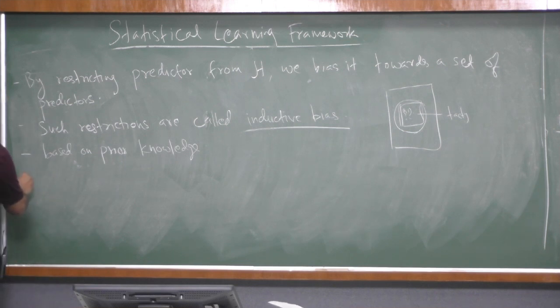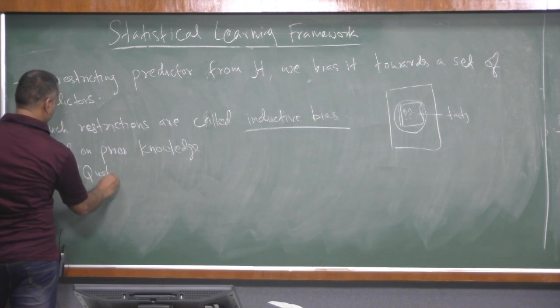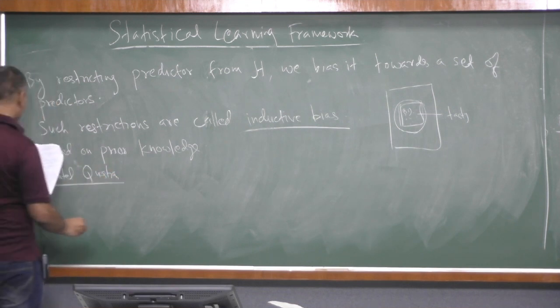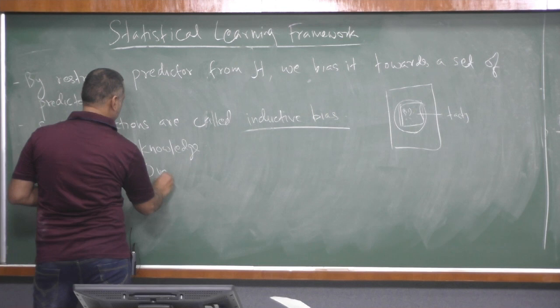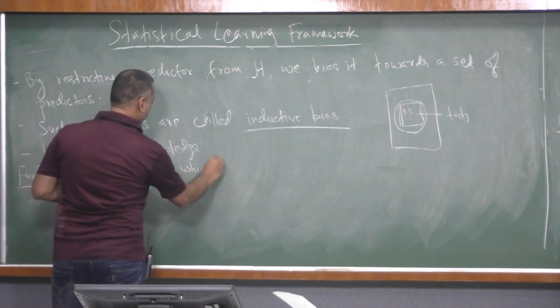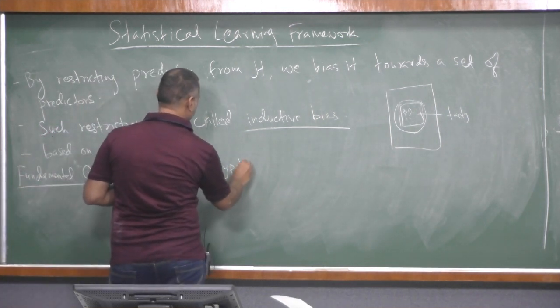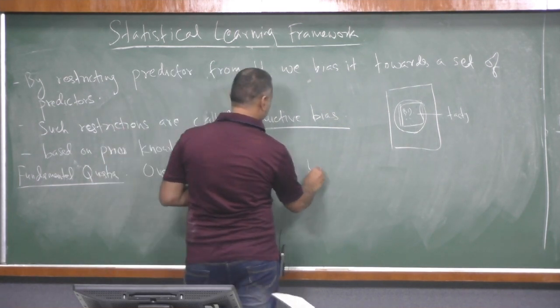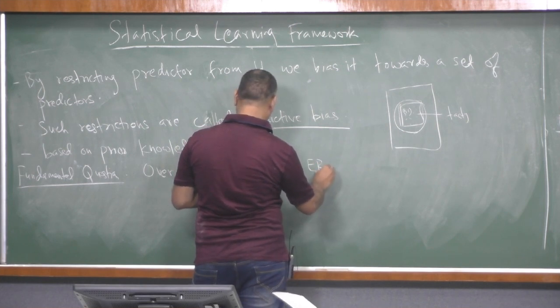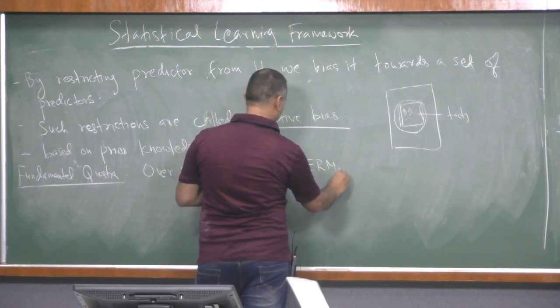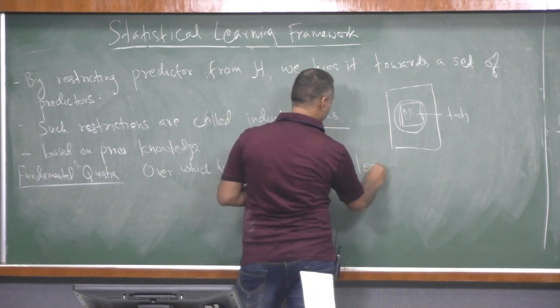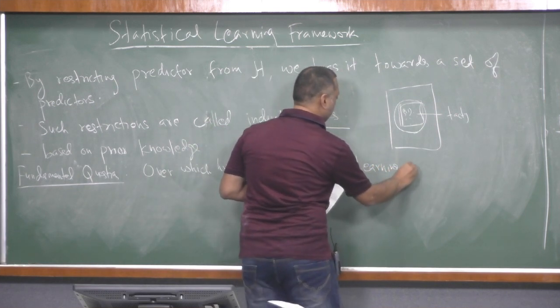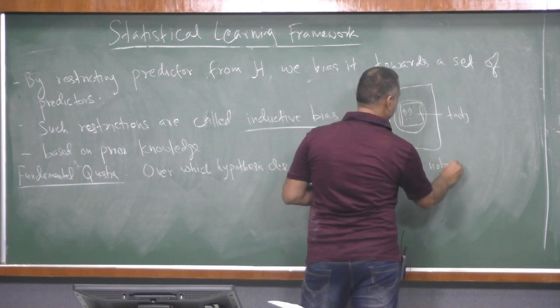So a fundamental question in learning is this: over which hypothesis class will ERM learning not overfit?